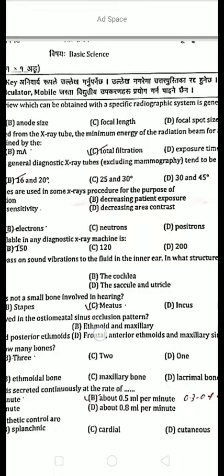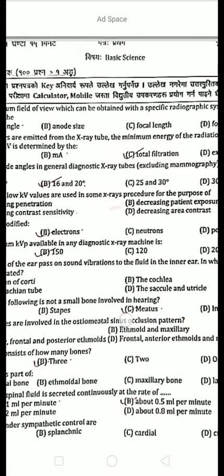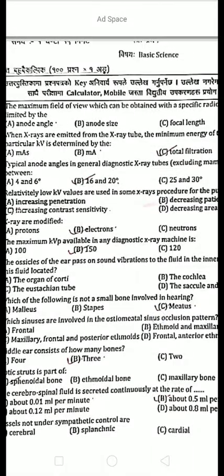Spatial resolution is good because of the lower field of view, but the focal length, the length of the focal spot, anode size and anode angle matter. The correct answer may be anode angle.